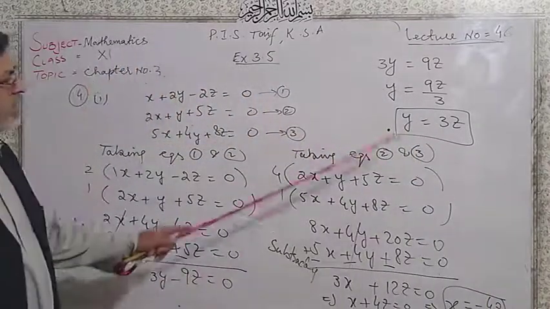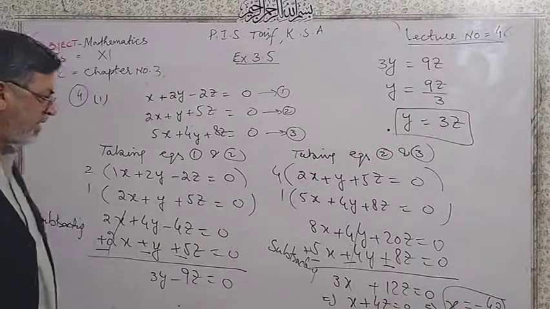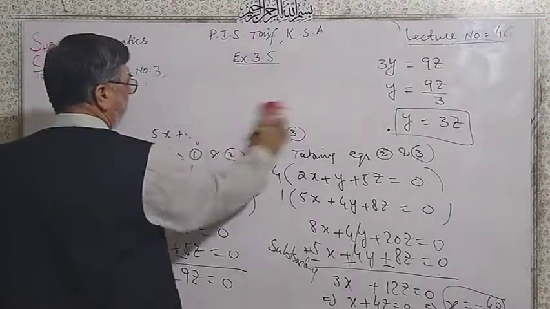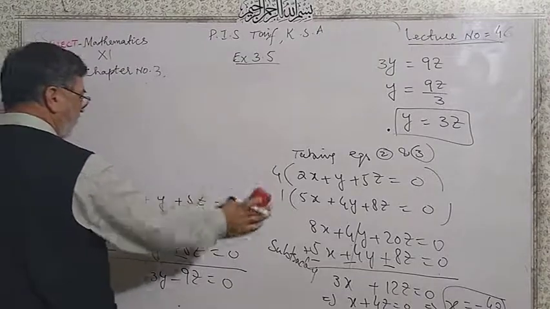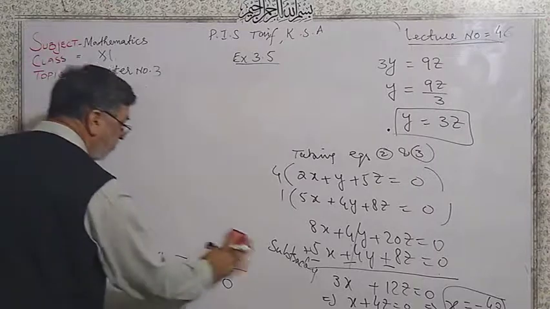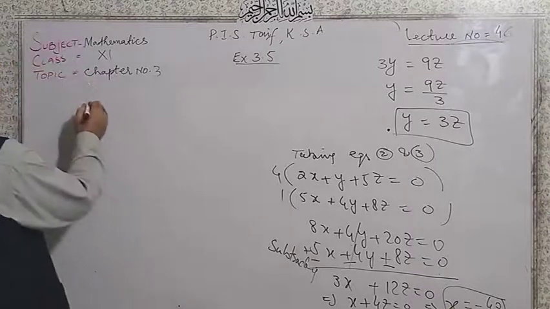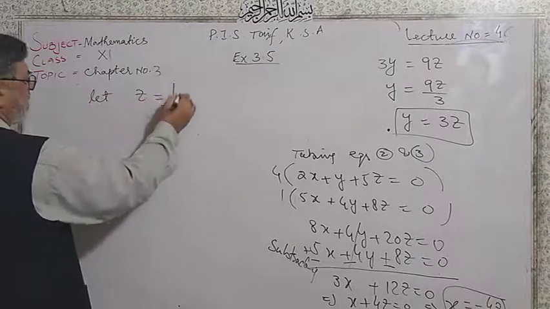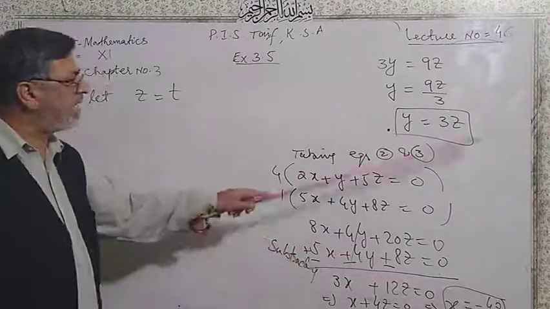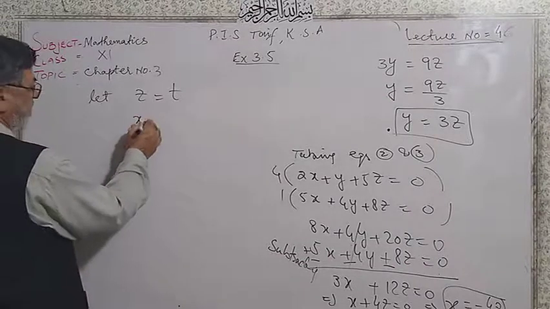Dear students, we have written y in terms of z and x in terms of z. We do not have any fixed answer. We will have infinitely many solutions. In this case, let z is equal to t, because both are in terms of the same variable z. What will be x?